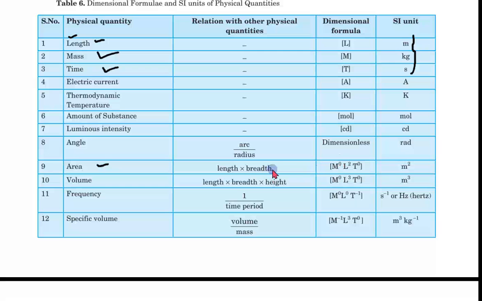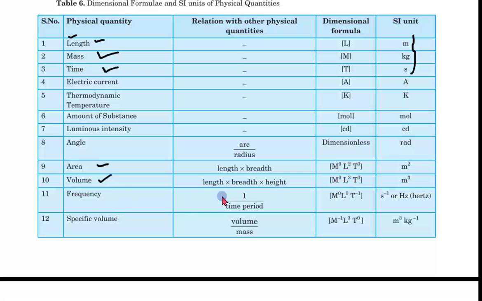Then it does not have time, so T is 0. Only L square. Length, breadth, height is volume. In the same case, it does not involve mass and time, so the power must be 0.